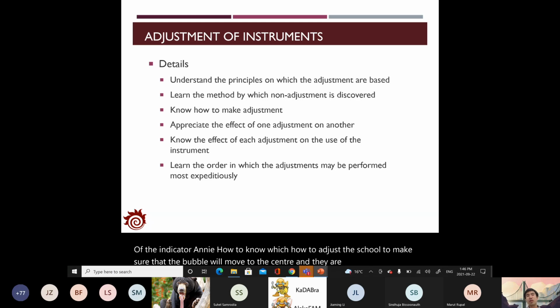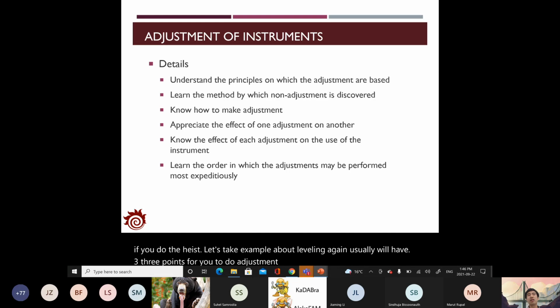The second thing is that you need to learn the method to do the adjustment. And also you have to appreciate the effect of one adjustment on another. Let's take leveling again as an example. Usually we will have three points for you to adjust.